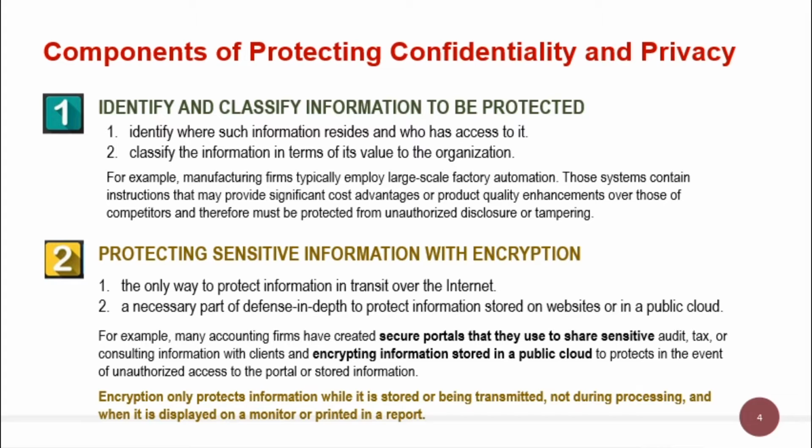Like for example, here there is a manufacturing firm who employs automatization in the factory on a large scale. Then the system instruction may provide significant cost advantage or product quality.